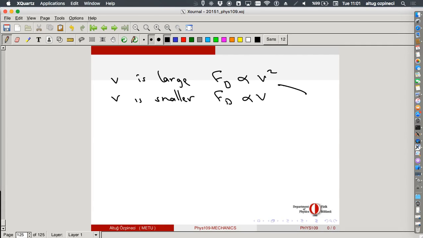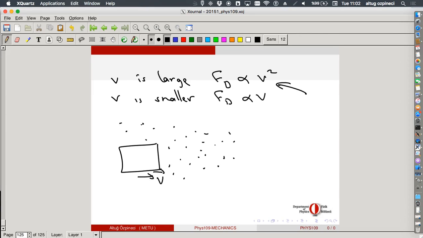Now, it's easy to explain this large-velocity drag force and why it should be proportional to v squared. If your object is moving very fast in a gas, which is nothing but a collection of atoms, so this is our gas, and we have our object moving in this gas with some velocity v, everywhere surrounded with the gas.